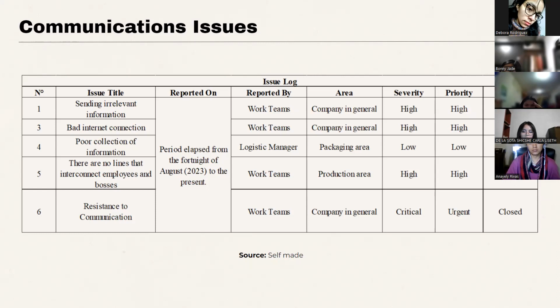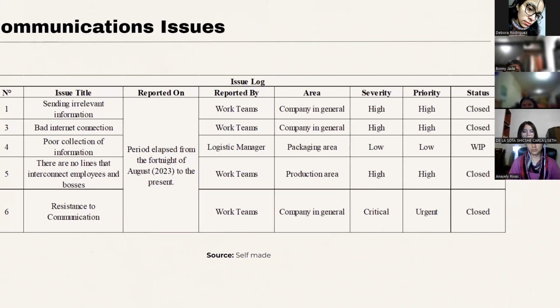This is reported over the period elapsed from the fortnight of August to the present, and is reported by the work teams and the logistic manager of the company. These are the areas and also the severity. We can see that there are three issues that have high severity, one of critical severity and one of low severity. And almost all these issues have a status of closed. Next slide, please.